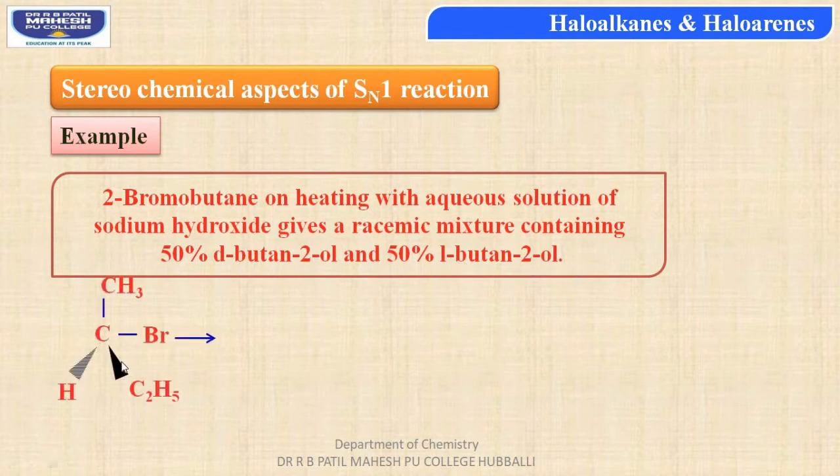Let us consider the reaction. The molecule represents 2-bromobutane. If this has been treated with sodium hydroxide aqueous solution, my students, already you know that SN1 reaction occurs in a two-step reaction.